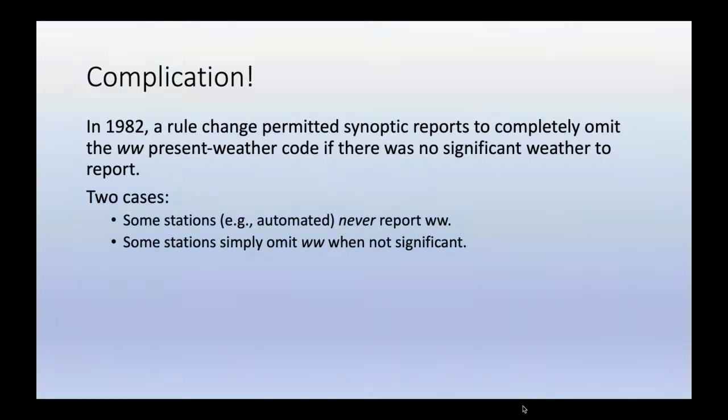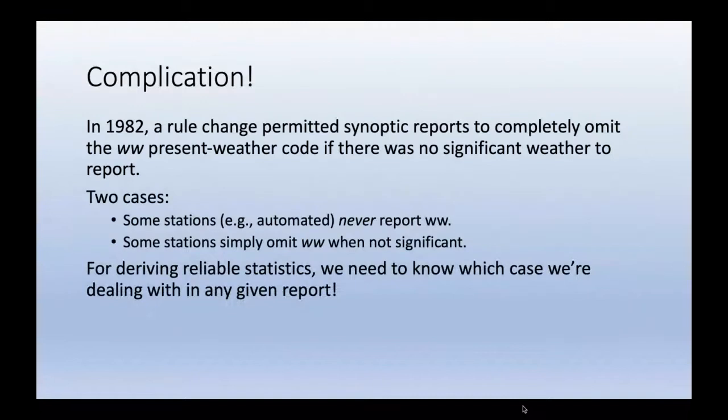Some stations, especially automated stations, simply never report the present weather. Some stations simply omit it when it's not significant. If you want to do statistics, you have to know which one is the case for a given report.